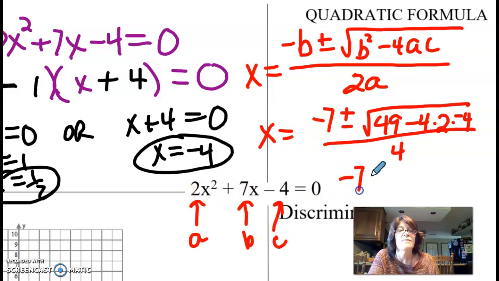So I have negative 7 plus or minus the square root of 49 minus 4 times 2 is 8, times negative 4 is 32.